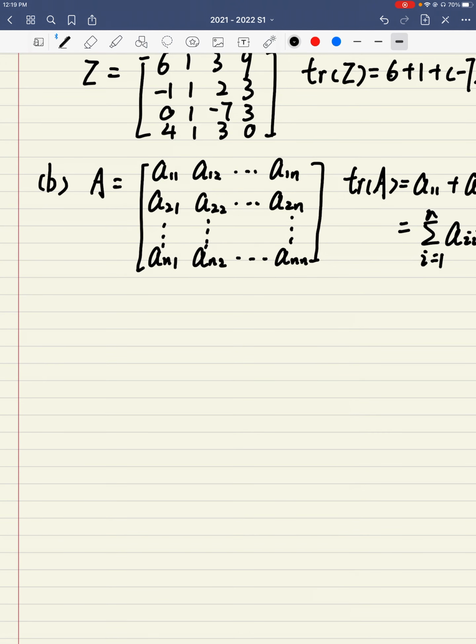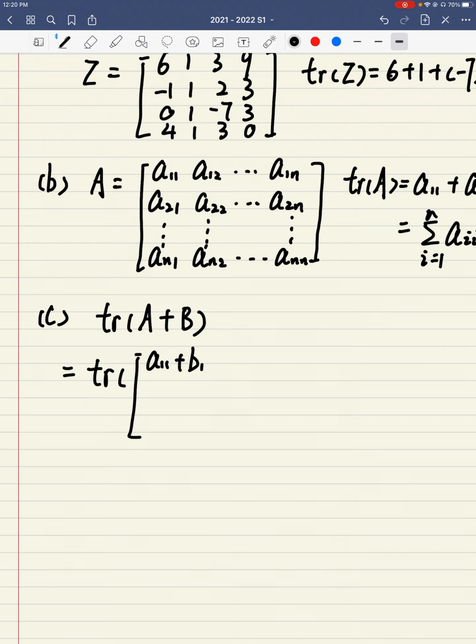Part C. Prove that if A and B are n by n matrices, then trace of A plus B is equal to trace A plus trace B. So what is trace of A plus B? A is A11, A12, and so on.